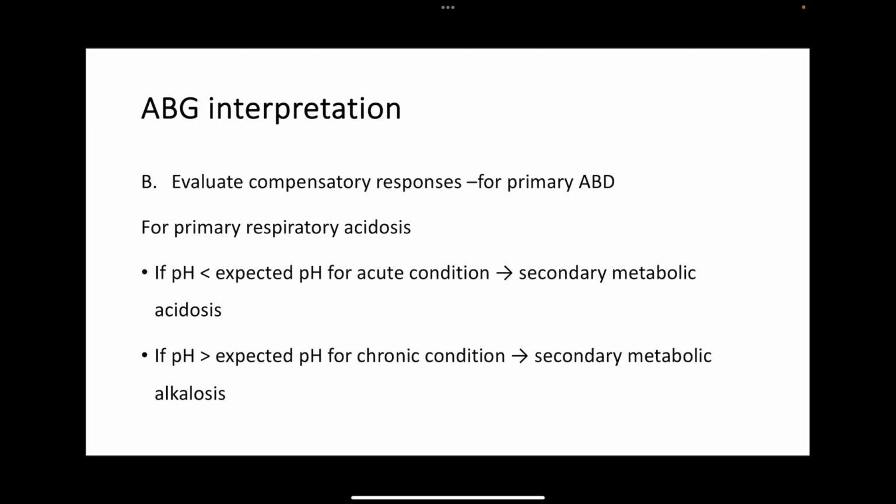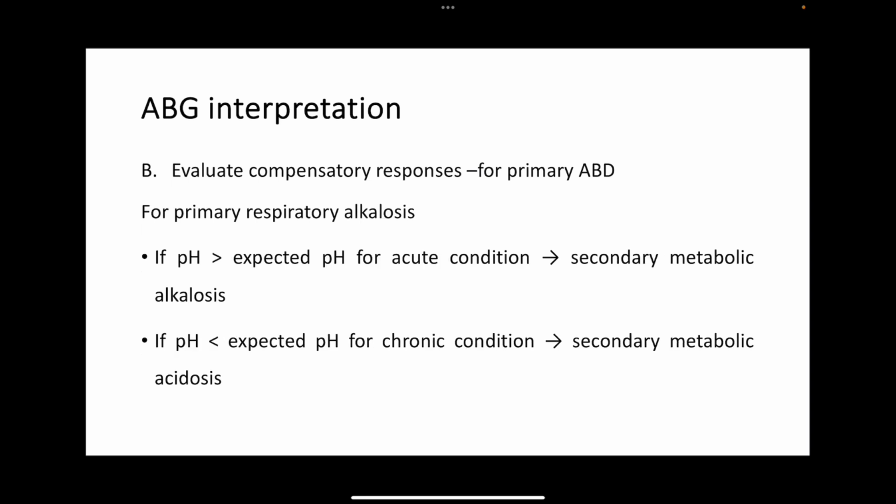If pH is more than expected pH for chronic condition, it indicates a secondary metabolic alkalosis.